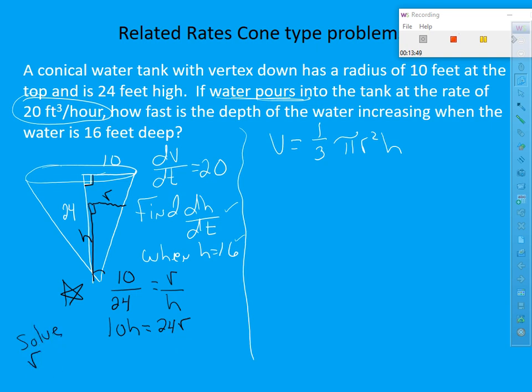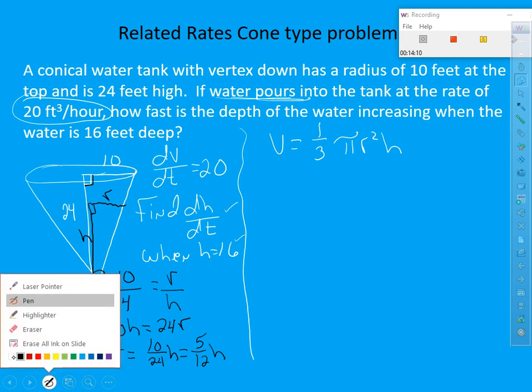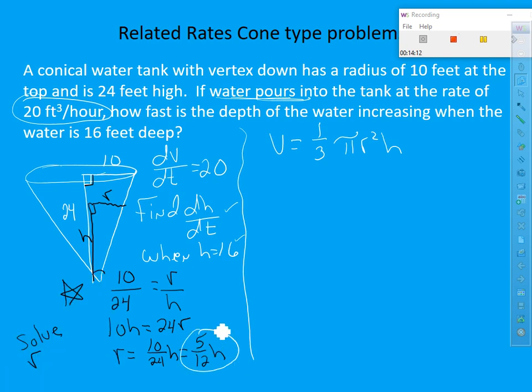So if I solve this for r, it looks like I have r equals 10 over 24 h, which is 5/12 h. Now I have a relationship that I like. r equals 5/12 h.